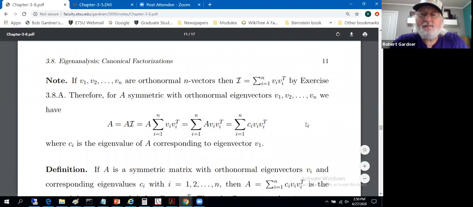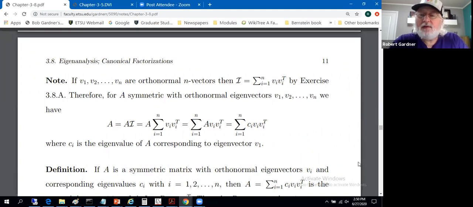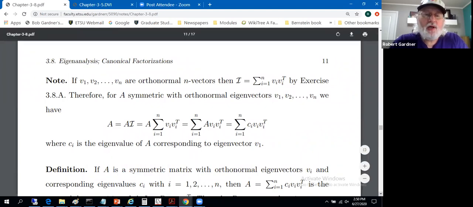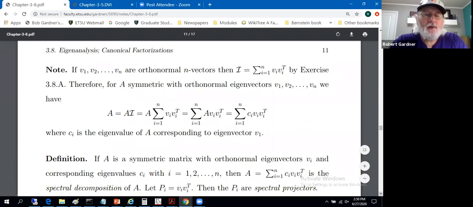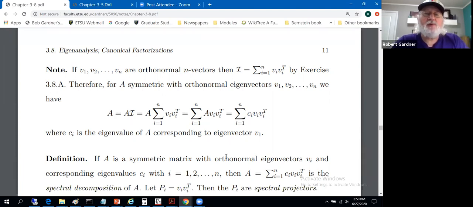Okay, we're going to look at some outer products now and a little bit more stuff related to the spectrum. I think we've mentioned spectrum in the past in the setting of eigenvalues, but a little bit more of that type of idea. Suppose V1 through V sub n are n orthonormal vectors.